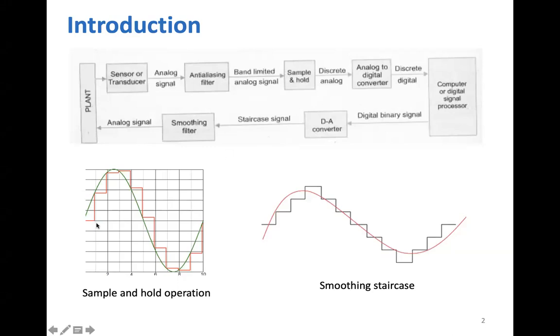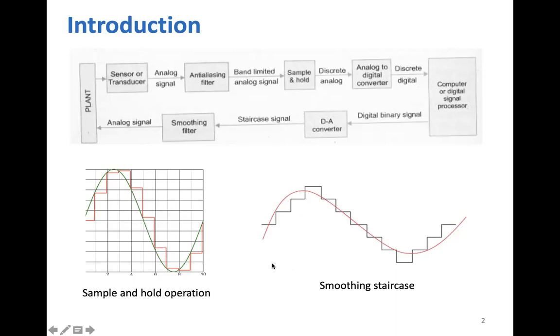So how does the sample and hold operation work? As I told you, values are sampled, taken, and held for a certain amount of time. Then again it is taken and held for a certain amount of time. This is how it tries to replicate the values of a sine wave. You can see this staircase can be either smooth, or it can be made with the help of sample and hold.